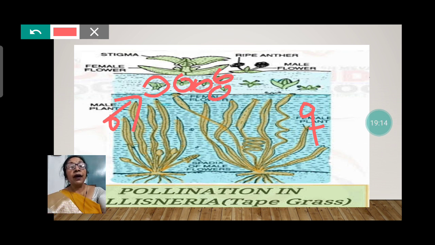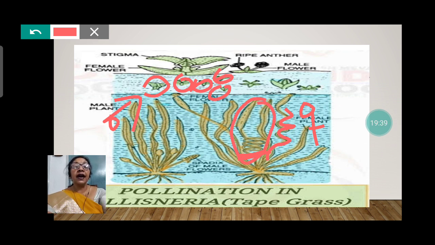Now the female flower has a long coiled style. Till the flower is immature, the style remains coiled and the flower remains inside the water. Just see here, this is the immature flower. It is highly coiled and it is inside the water.